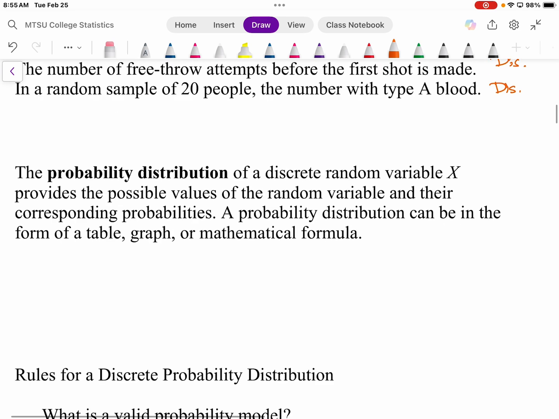All right, the probability distribution of a discrete random variable x provides the possible values of the random variable and their corresponding probabilities. A probability distribution can be in the form of a table, a graph, or a mathematical formula. A lot of times we see a table as the main focus. We could see it as a graph.